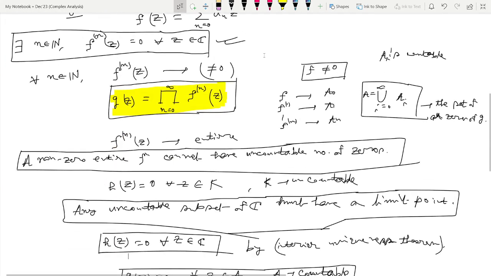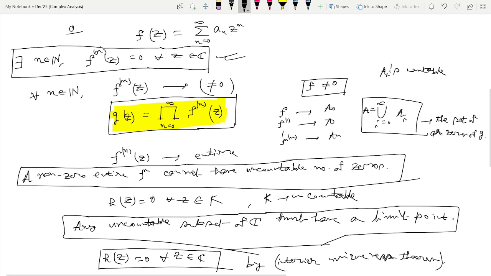Because we have assumed that for all n belongs to N, f_n is not 0.